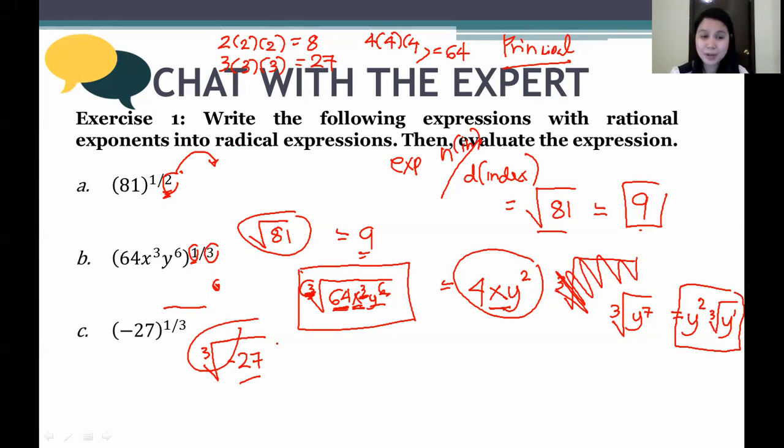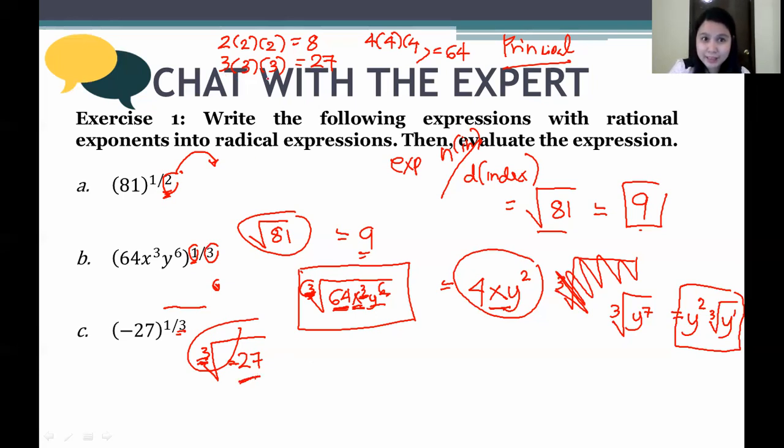How about the next one? Ready? The denominator will go to the index. The numerator is 1. No problem. Now, negative, it's okay because our index is odd. What number, when multiplied by itself, will result to negative 27?